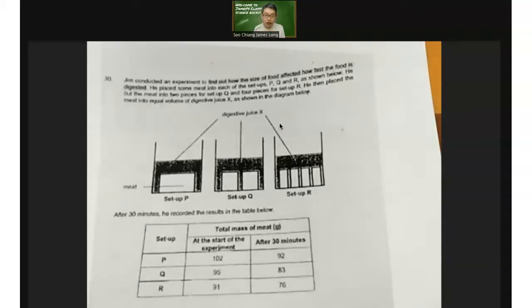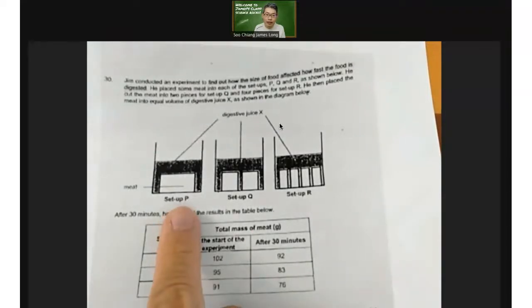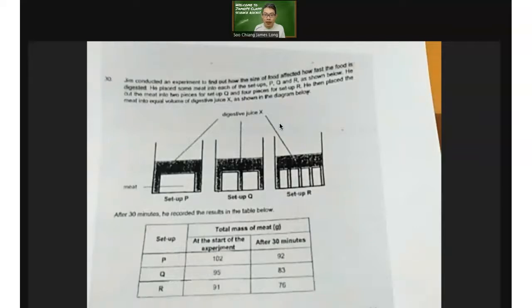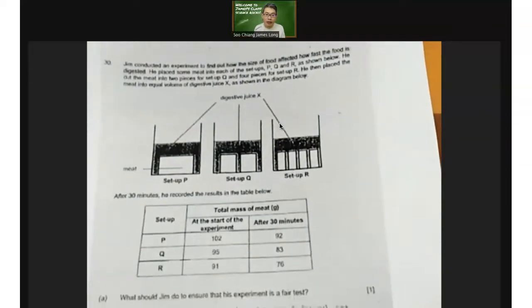He cut the meat into 2 pieces for setup Q, and then cut into 4 pieces for setup R. So the original size of the food is the same, but the number of pieces are different. He placed the meat into equal volume of digestive juice X, and the same amount of digestive juice X, as shown in the diagram below. So after 30 minutes, he recorded the results in the table.